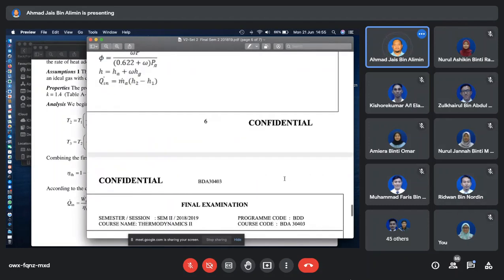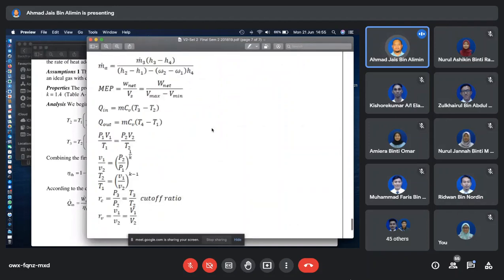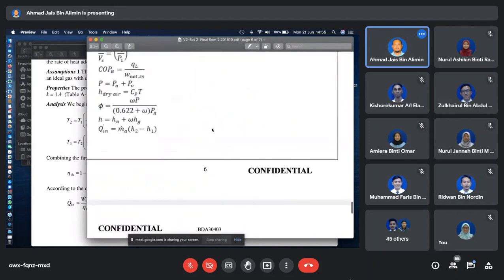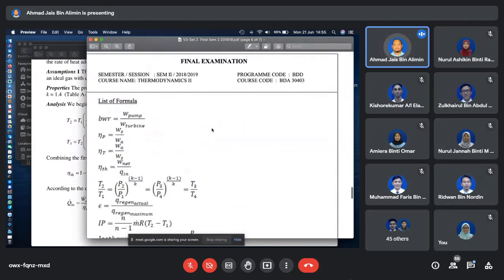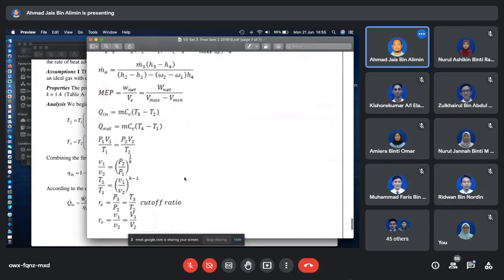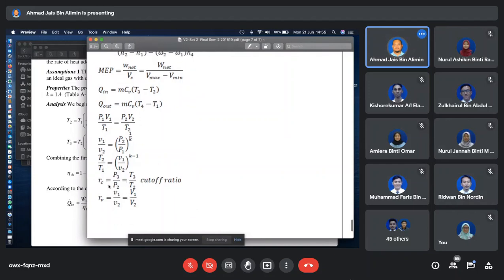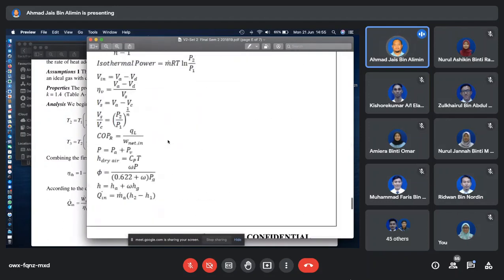Like in this example, you can see that all the equations related to the problems in the exam are included, such as the cutoff ratio, rc, the ratio between V3 over V2. But that is for the face-to-face examination. For the online exam, you may not have this kind of list.